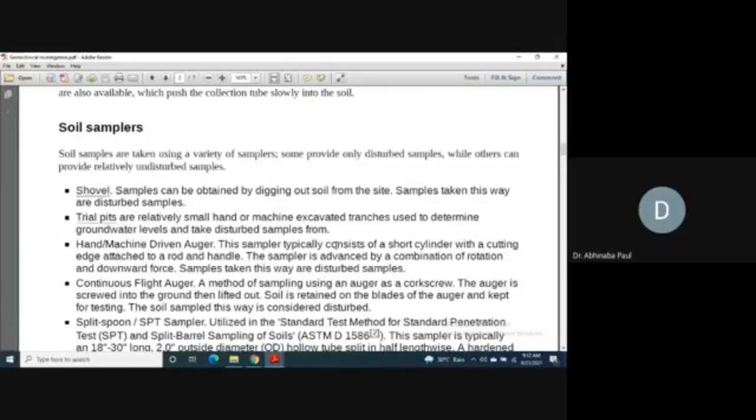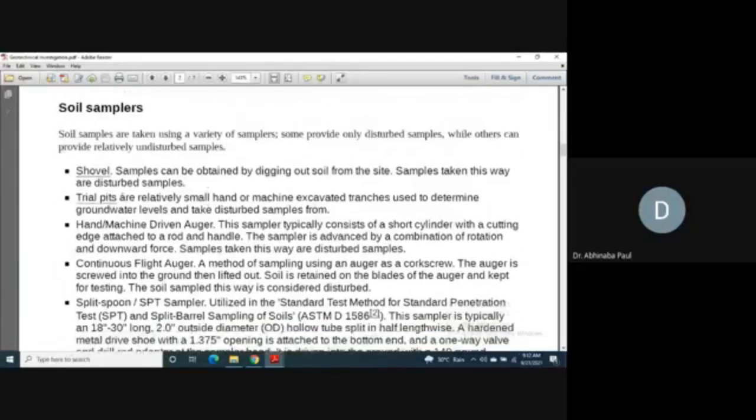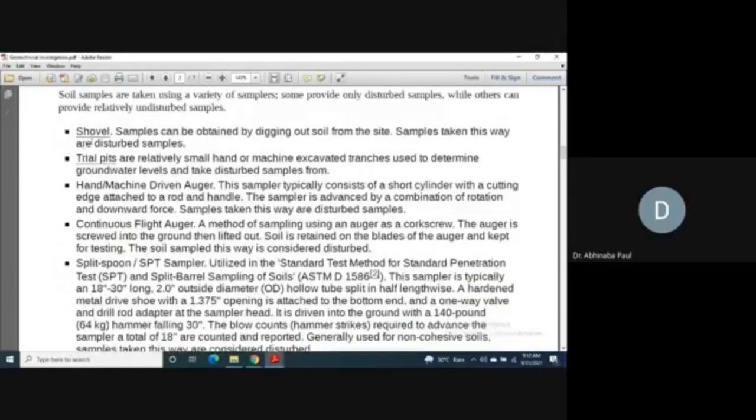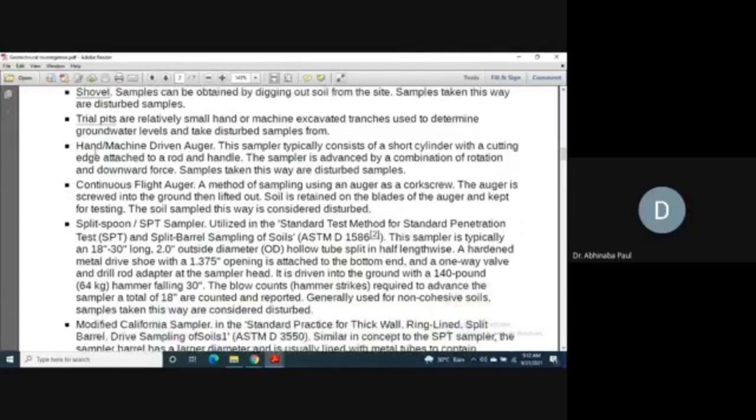Now soil sampler, हम लोग soil कैसे collect करते हैं? So soil collect करने के लिए ये सब equipments and machineries हैं. So first one is shovel. So shovel सबको पता है वो क्या होता है, वो मिट्टी को खोदने के लिए हम यूज करते हैं. Then making the trial pits, then hand driven auger or machine driven auger.